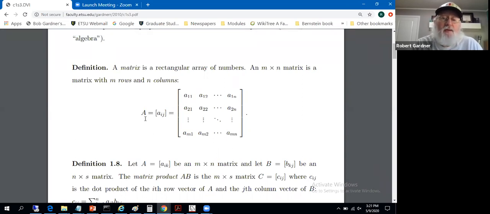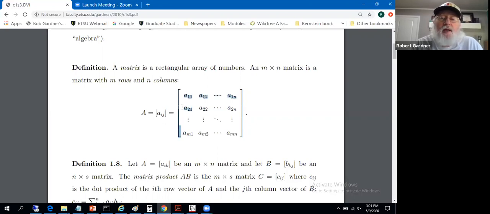And we'll quite often take capital letters to represent matrices. Here's matrix A. We'll denote its entries with a corresponding lowercase letter, lowercase a, and we'll put double subscripts on those entries to indicate where they occur in the matrix. So a sub ij occurs in the ith row in the jth column.